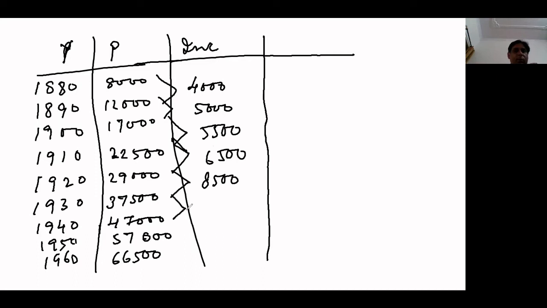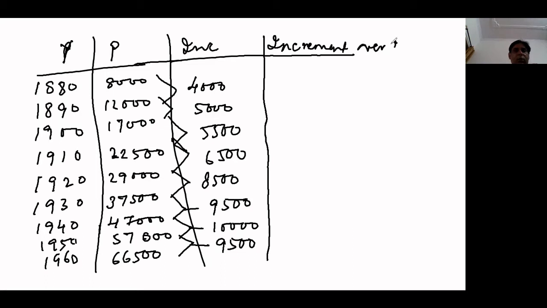Now what about this one? This would be 9,500. This would be exactly 10,000. And this would be 9,500. Increment over increase plus 1,000.